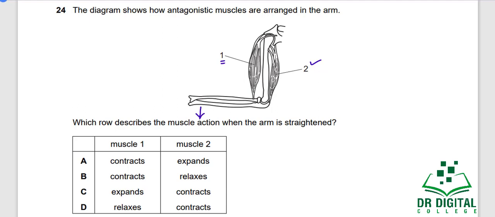So muscle 1 should relax. Muscles cannot expand by themselves. So C is wrong. It should not contract. So D could be the possible answer, that muscle 1 should relax and muscle 2 should contract. So this is true for question 24. The correct answer is D.